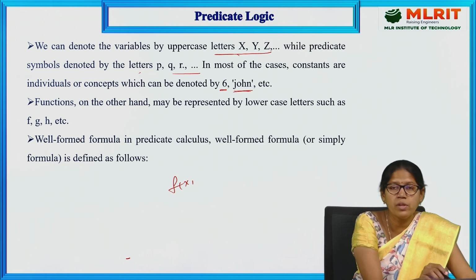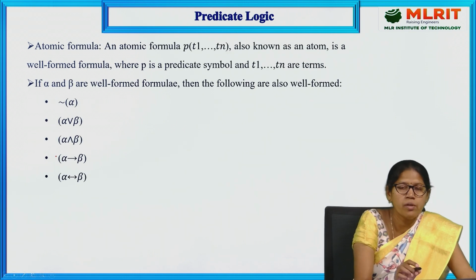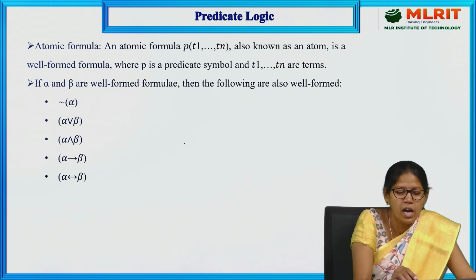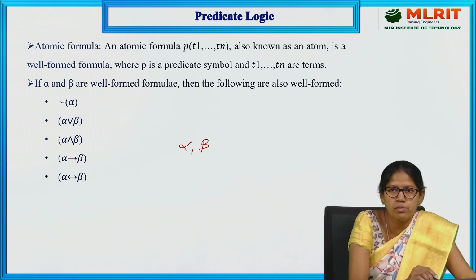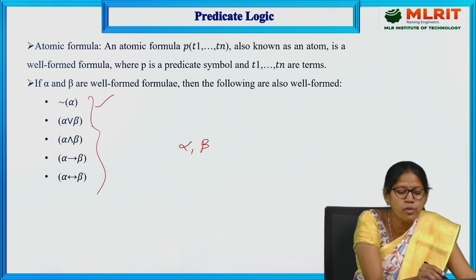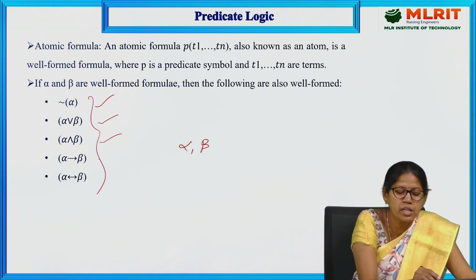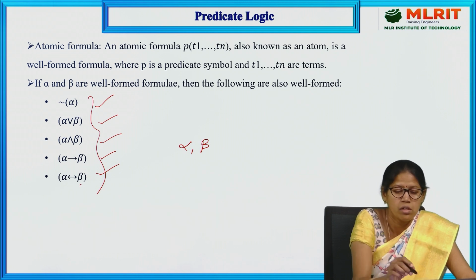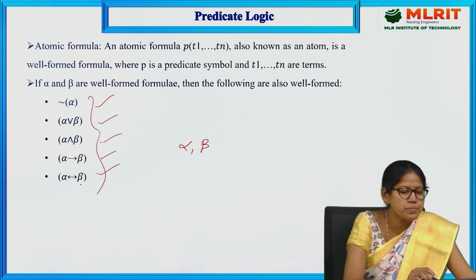So let's see the well-formed formulas. If alpha and beta are 2 well-formed formulas, then these 5 are also well-formed formulas: negation alpha, alpha or beta, alpha and beta, alpha implies beta, alpha equivalent beta.